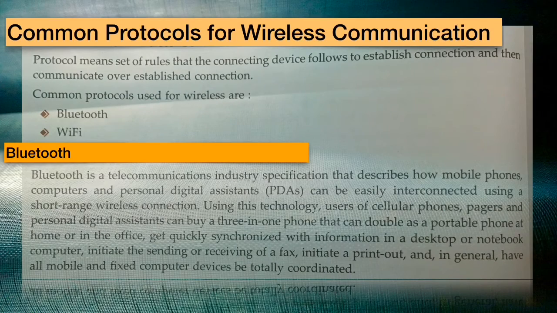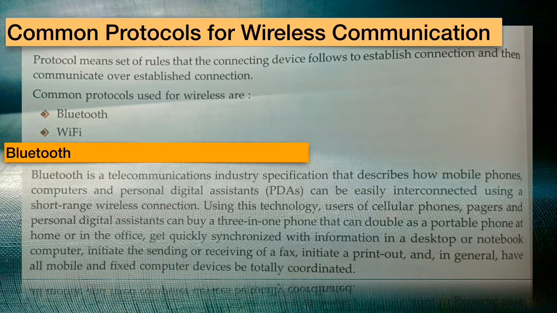Let's discuss the common protocols which we use for wireless communications. Protocol means the set of rules that connecting devices follow to establish a connection and then communicate over the established connection. It is the set of do's and don'ts which a connection follows. Here we are talking about wireless connections.